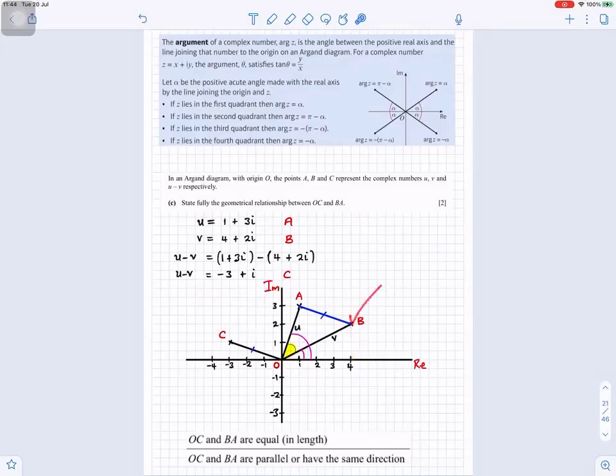So that's B. u minus v, so 1 plus 3i minus 4 plus 2i. 1 minus 4 is minus 3. 3 minus 2 is 1. So it's minus 3, 1. That's where it is. So OC and BA are equal in length. OC and BA are parallel or have the same direction.